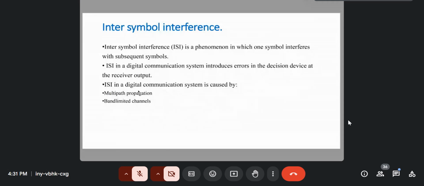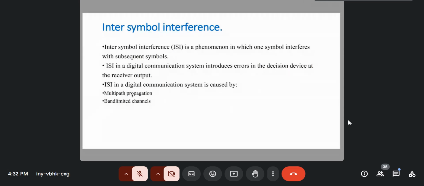One of the easiest causes of intersymbol interference to understand is multipath propagation. What it means is that when a signal is transmitted between points A and B, you can have the signal that goes directly through the line of sight and takes some time t.